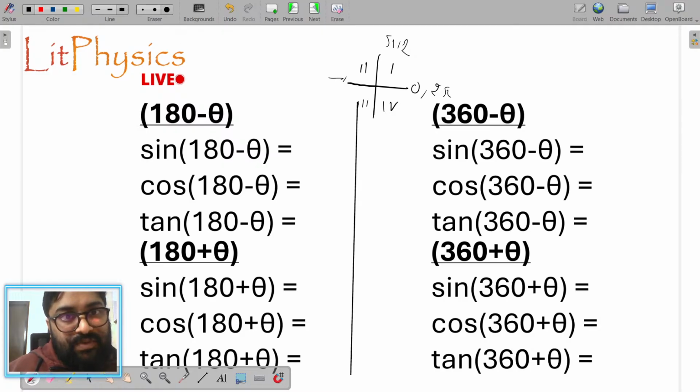I'm a bit flustered because we have to move fast. We have pi, we have 3 pi by 2, so that we can move quickly.